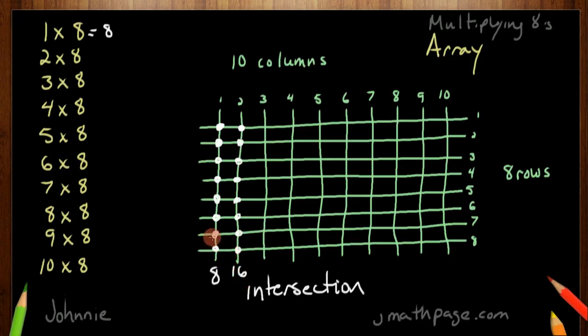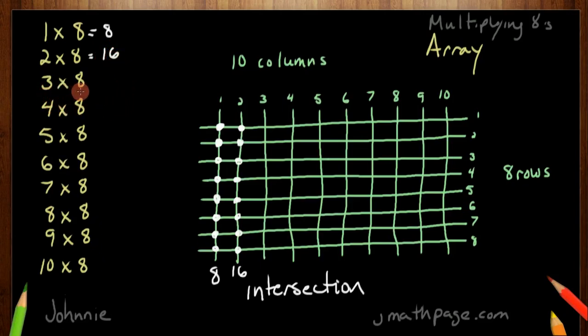Okay, so you can see, and I could be counting by 2, 2, 4, 6, 8, 10, 12, 14, 16 intersections. So 2 columns and 8 rows gives us 16 intersections.